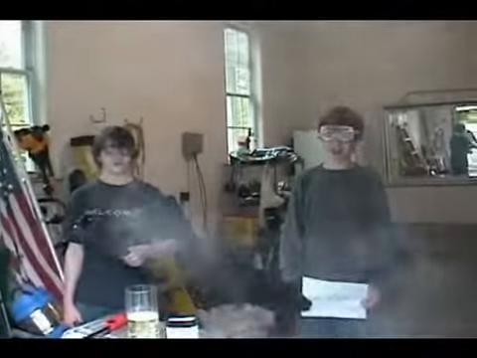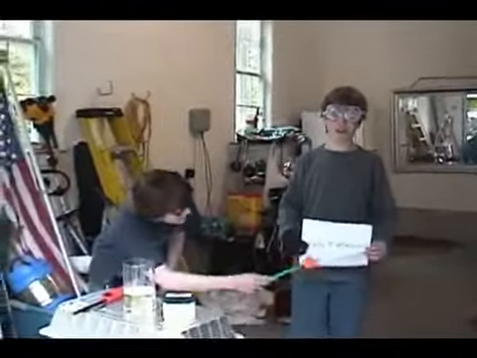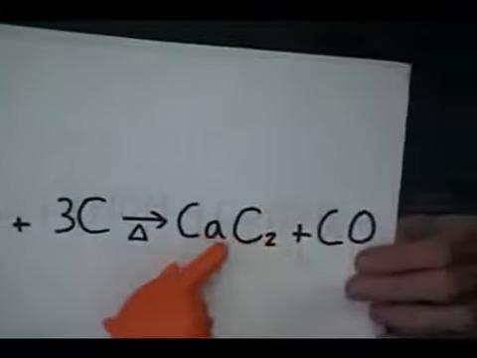Acetylene is produced from calcium carbide. Calcium carbide is produced by combining carbon with calcium oxide to create calcium carbide and carbon monoxide.